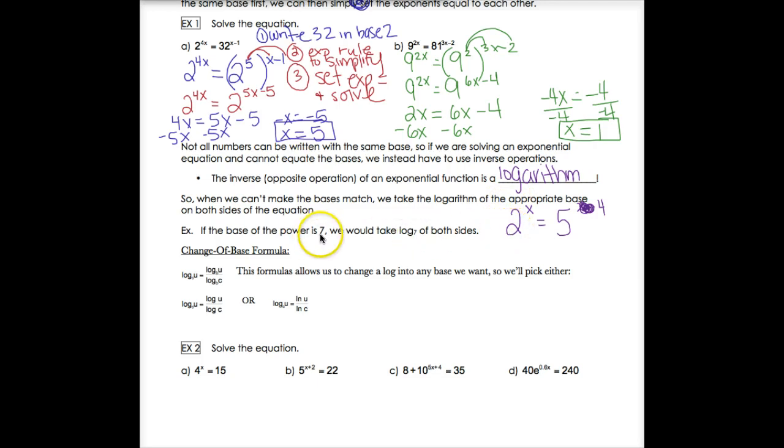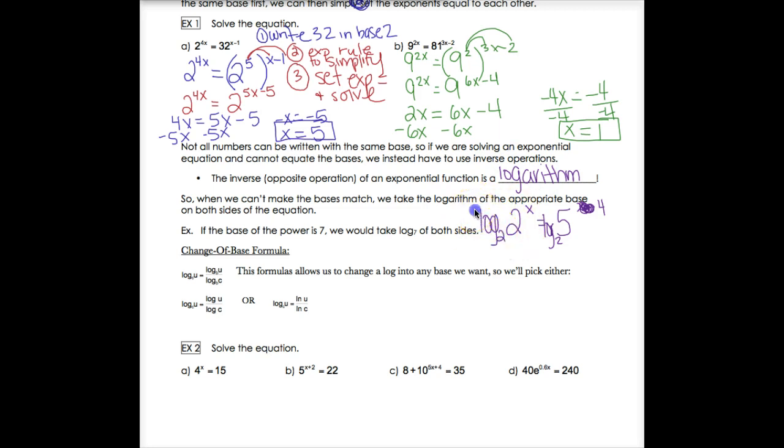So if the base of the power is 7, we would take log base 7 on both sides. Here, if the base of the power is 2, we would take the log base 2 on both sides. So log base 2 of 2 to the x equals log base 2 of 5 to the 4th. Now, over here, this should look very familiar.